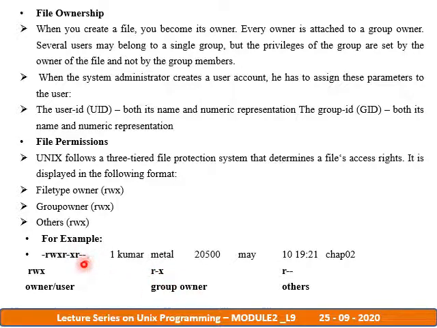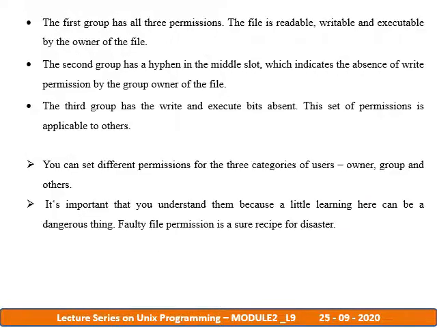The last three characters are R-hyphen, which indicates that for others, other users, only the read permission is assigned, but not the write and execute permissions.